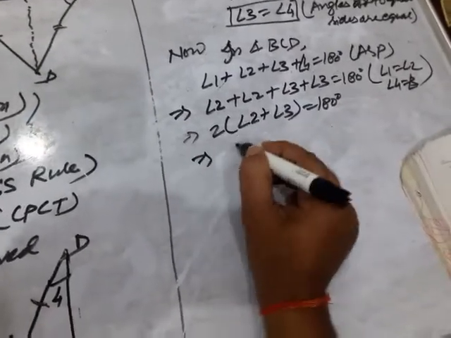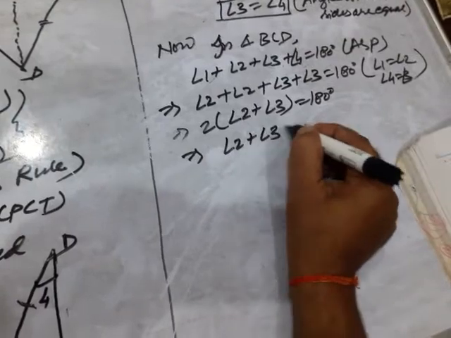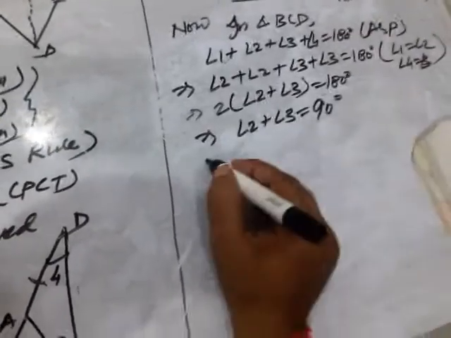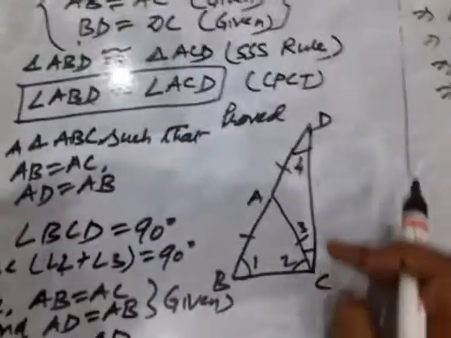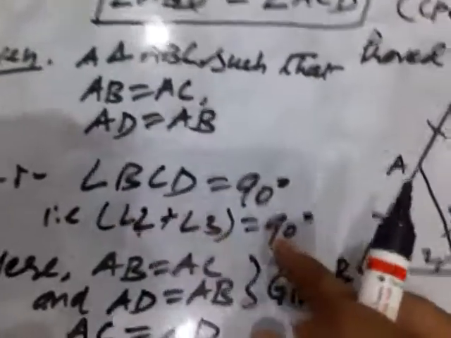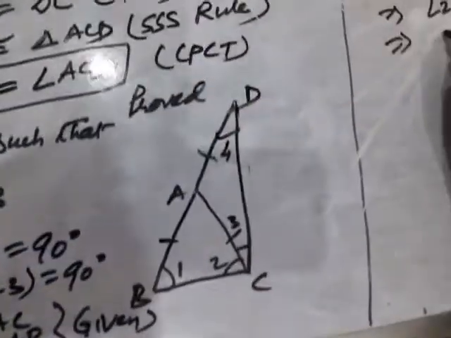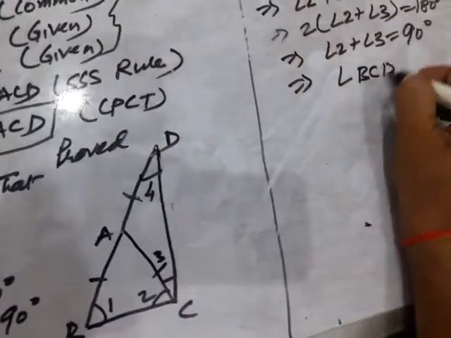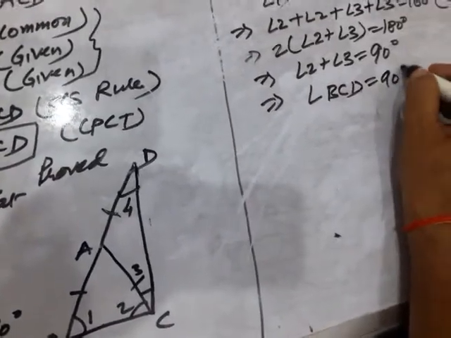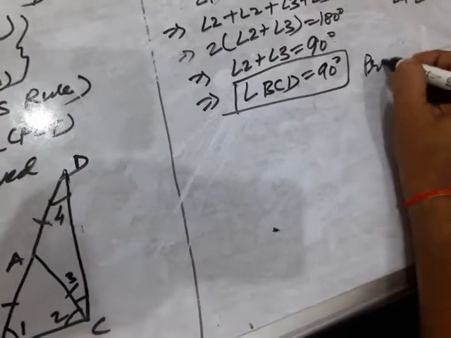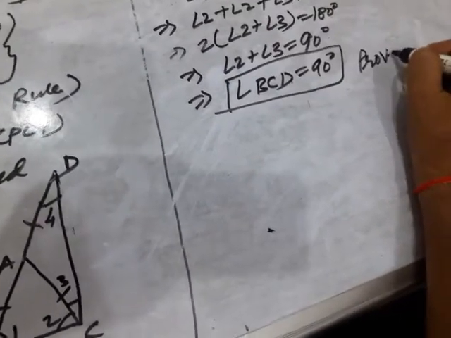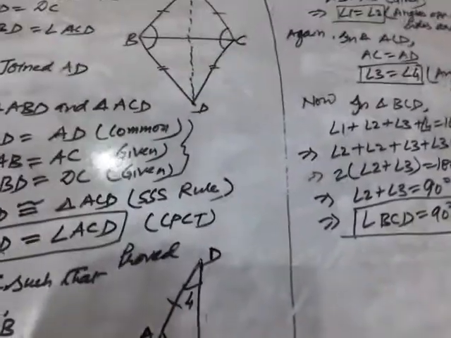This implies that angle 2 plus angle 3 equal to 90 degrees. And angle 2 plus angle 3 is nothing but angle BCD, which we have to prove to be 90 degrees, and that is what we have to prove. Children, this good question has been proved, and you can practice it yourself also for getting perfection.